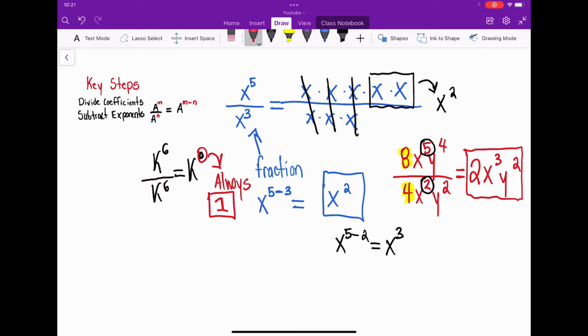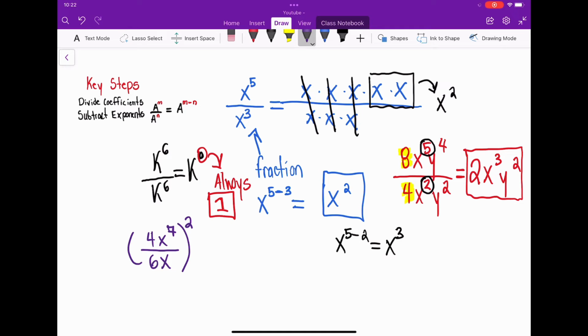All right, let's keep on going. So the next problem that we're looking at now, this is how they try to fool us when it comes to the quotient rule and exponents. So we're going to go down to the bottom left of our screen and we have 4x to the seventh power all over 6x. We're going to close the parentheses, and then on the outside, we have an exponent of 2. So how does that change our problem?